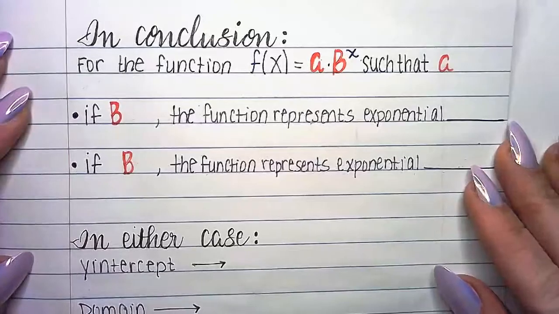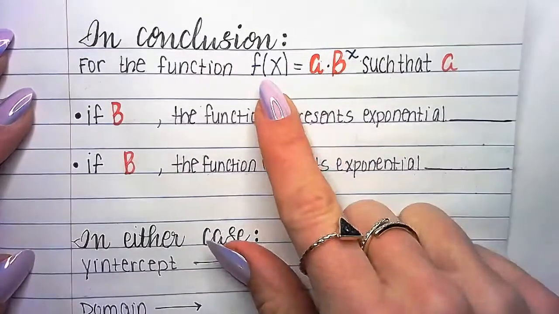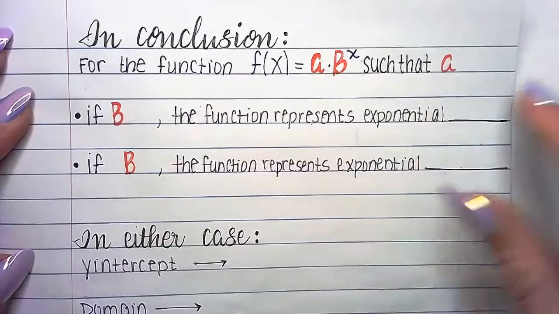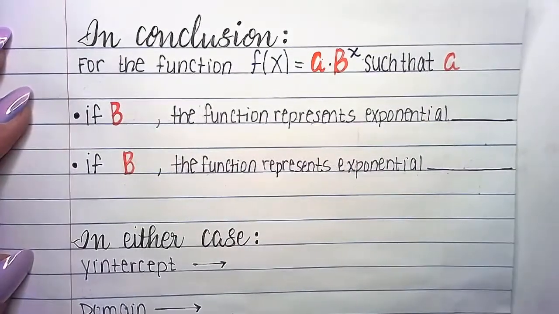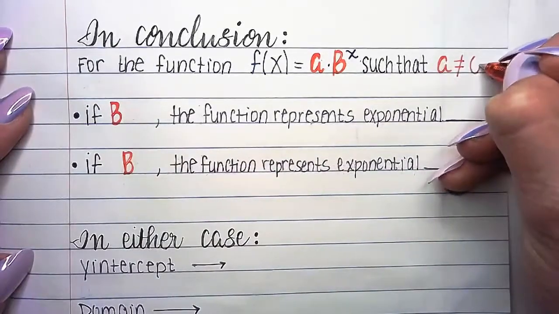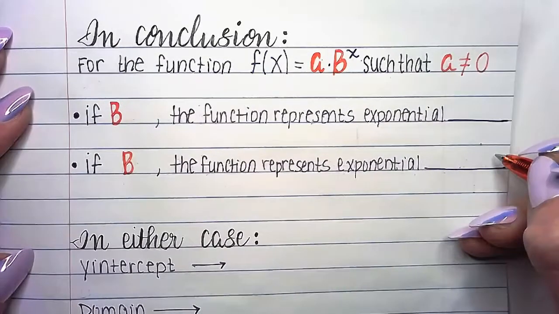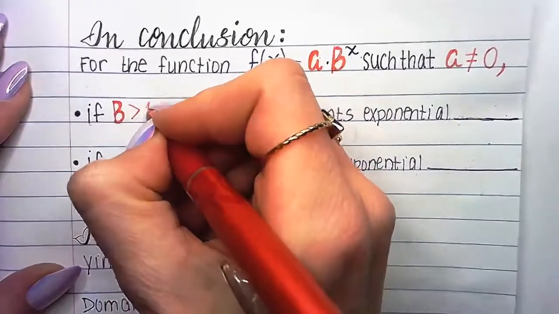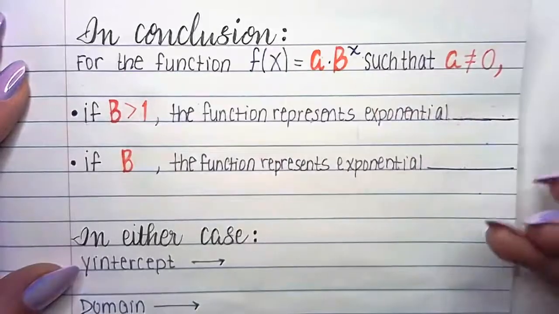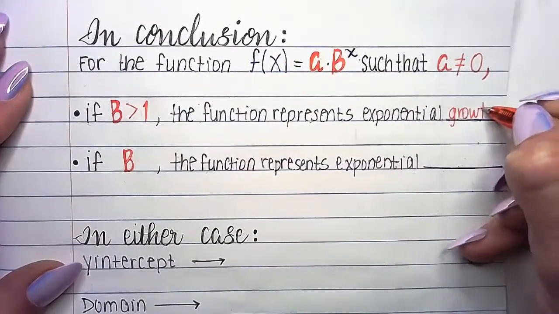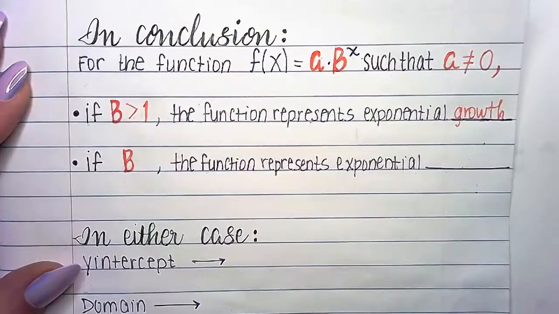In conclusion, for the function f of x equals a times b to the x, we have a few things we have to say about a. a cannot equal 0. If b is greater than 1, the function represents exponential growth.